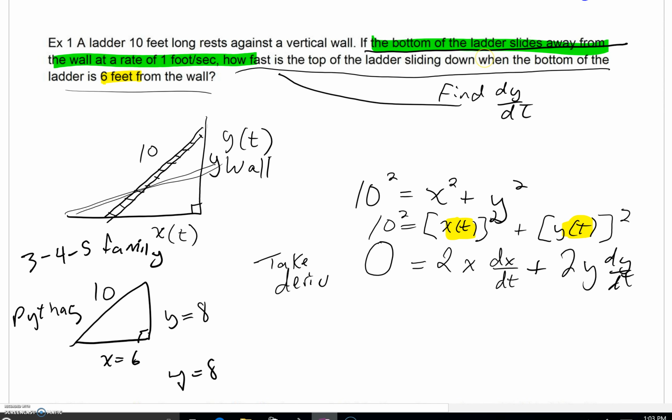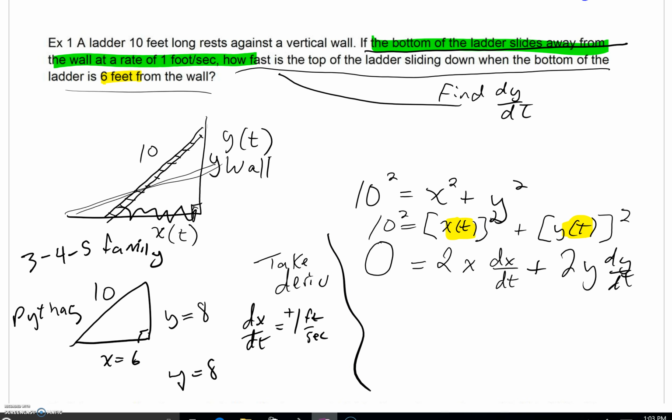So if the bottom of the ladder is sliding away, the bottom of the ladder is down here with x, isn't it? dx/dt, is it getting bigger or is it getting smaller? It's getting bigger. Oh, it's a positive 1 foot per second. That's what you always have to pay attention to. Am I getting bigger or am I getting smaller?